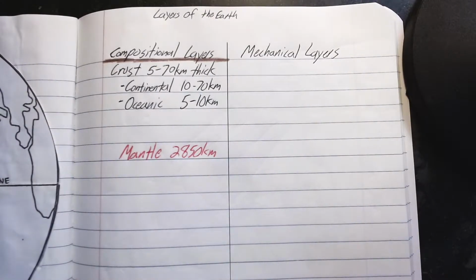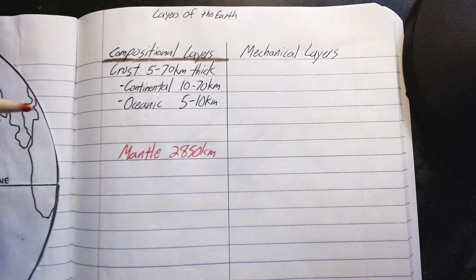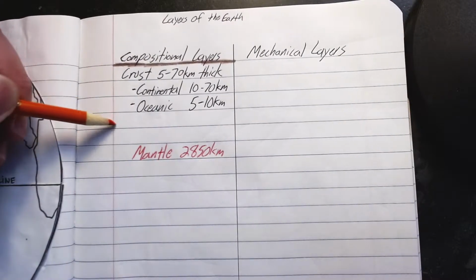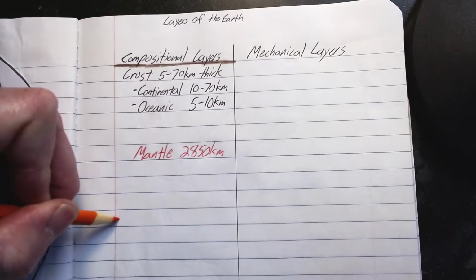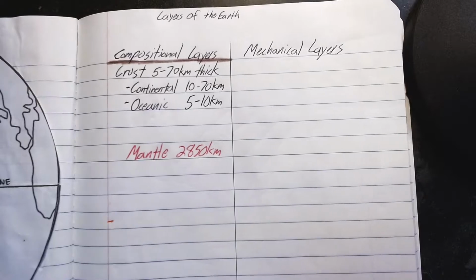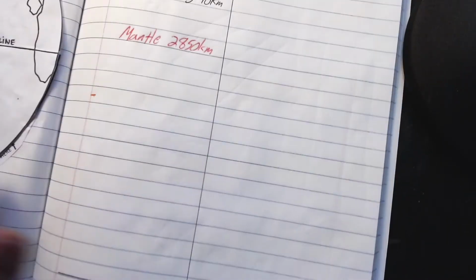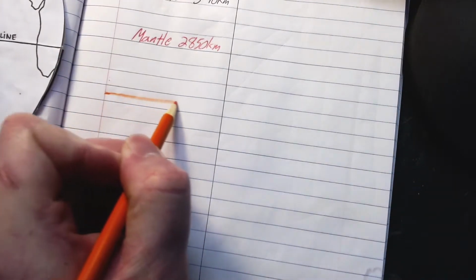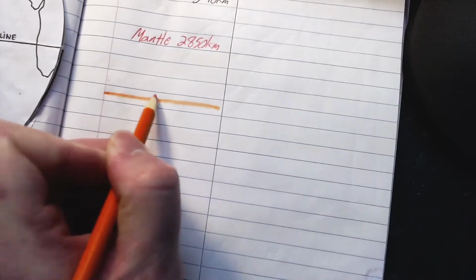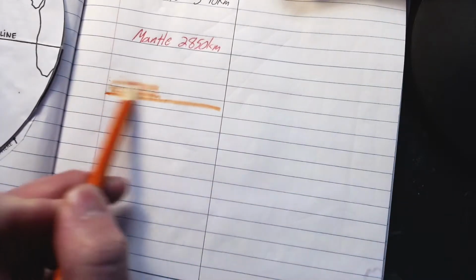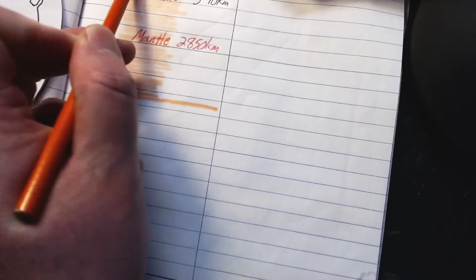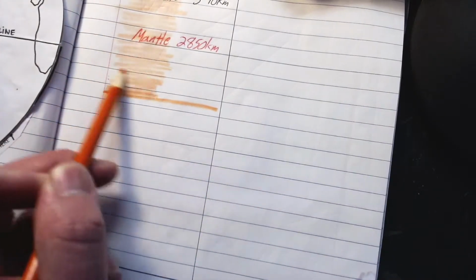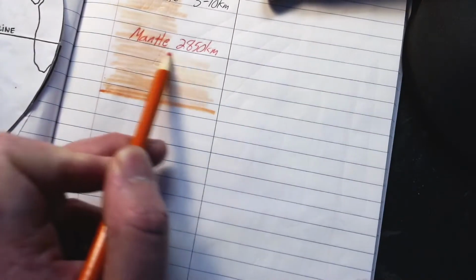So to do that to scale, it is 1, 2, 3, 4, 5, 6, 7, 8, 9 and 1/2. And yeah, we're going to cover over the crust information because I don't write small enough to write on that brown line.